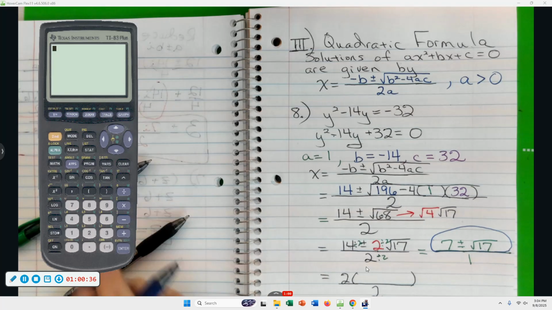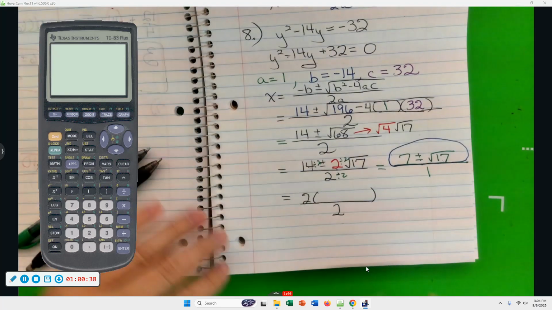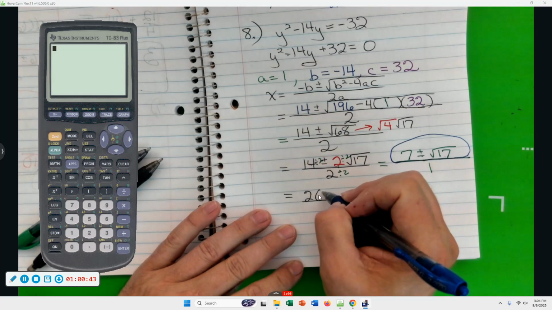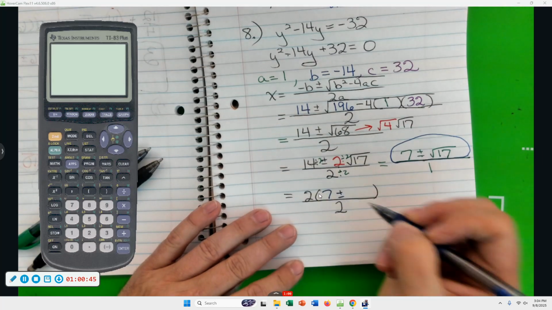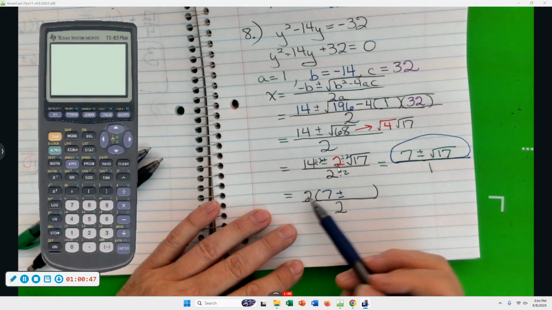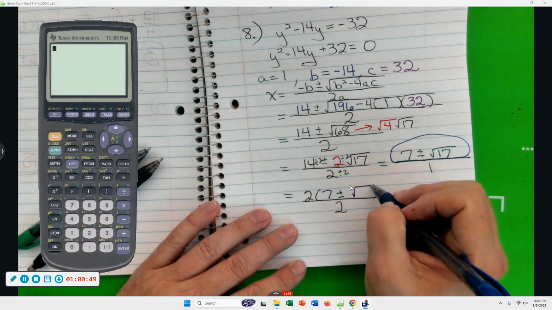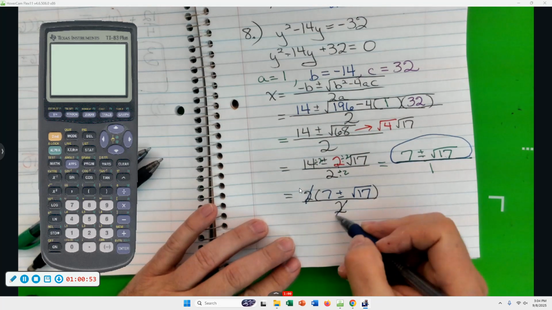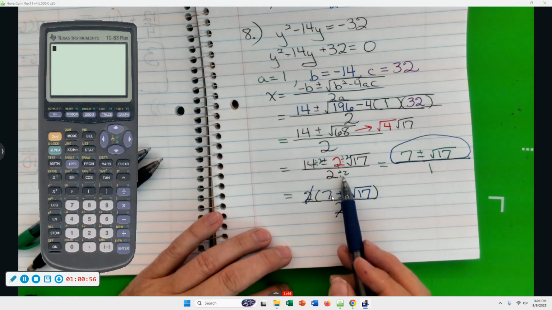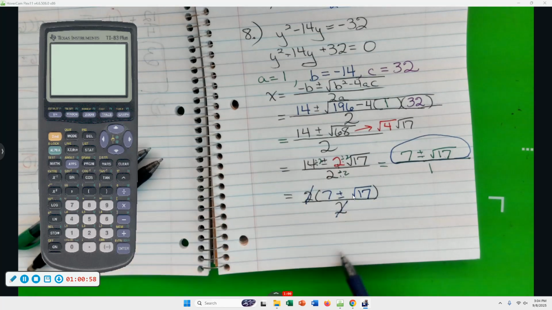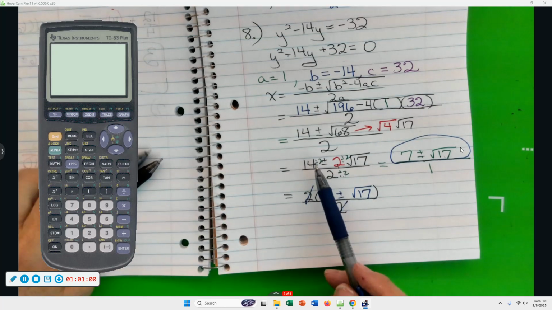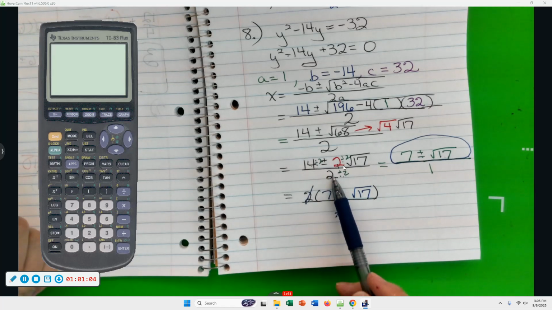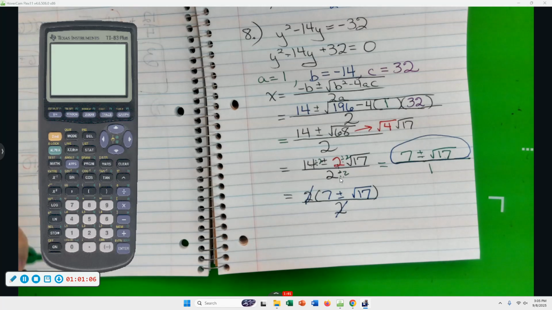If we factor out a 2, 14 divided by 2 is 7, plus or minus 2 divided by 2 is 1, square root of 17. Then you can cancel the 2's. I think I like this method better. It gets a little messy there, but still, you're dividing, it shows what you're doing. You're dividing all 3 numbers by the same common factor.